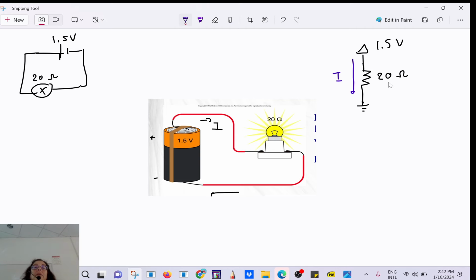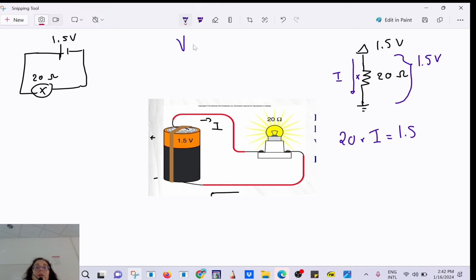Once you have done that, it's very easy to use Ohm's law because you're going to say, okay, so this is the voltage drop. How much voltage drop? 1.5. And then here you put a times. So when you use Ohm's law, you're going to say 20 times I equals 1.5.